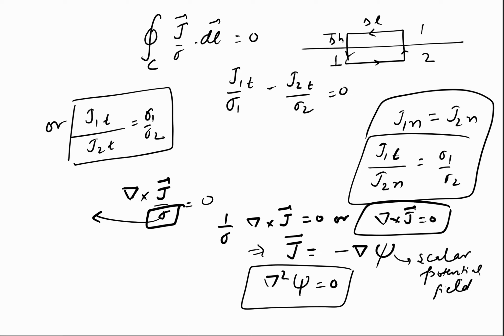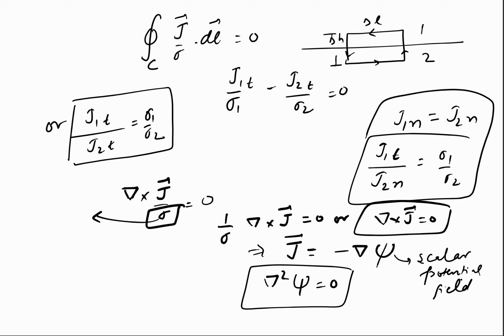So any problem in steady current for homogeneous medium can be solved similar to an electrostatic problem if we have appropriate boundary conditions, and we can find this steady current density from the gradient of this scalar potential field, similar to any electrostatic problem.